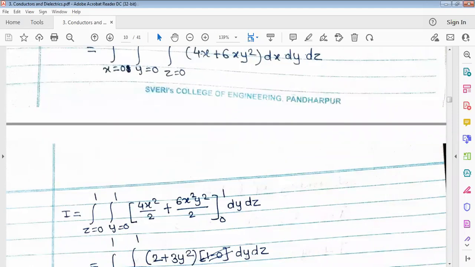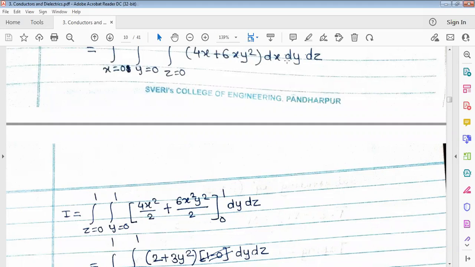So for 4x, it is 4 into x raised to 1 plus 1, means it is x square divided by 2. Plus 6y square will be constant, right? 6y square is constant and only x is variable. Therefore, it is 6y square x square divided by 2.